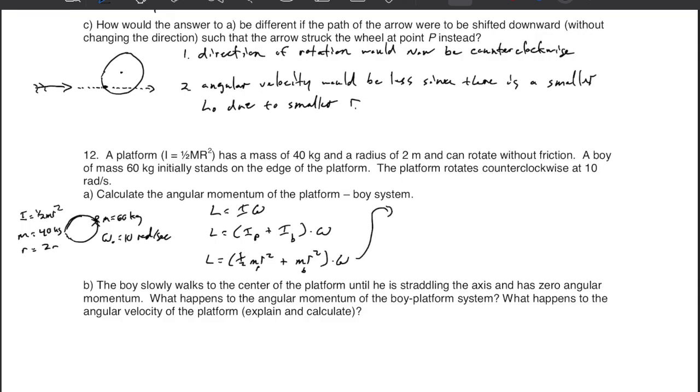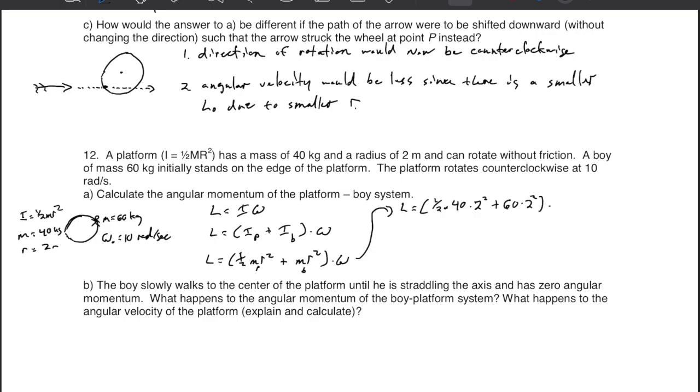And if we carry that up, we would have L is equal to 1/2 times the mass of the platform, 40, times the radius squared, so times 2 squared, plus the mass of the boy, 60, times 2 squared because he's on the edge, the radius of the platform. Close the parentheses, and then we're going to multiply by that 10, the omega.